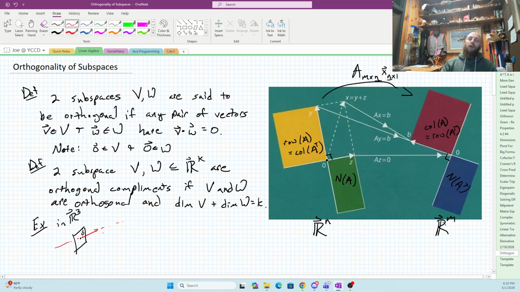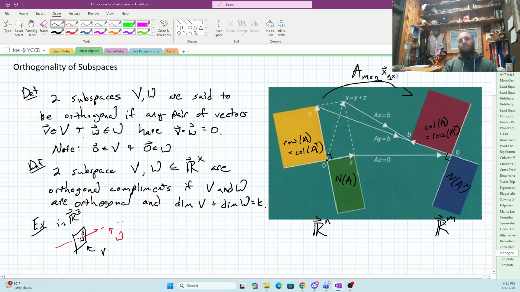So my two subspaces are here. That's a subspace V. And here, this is a subspace W. And the only requirement for these to be orthogonal complements is that W actually has to be the normal line to the plane V.